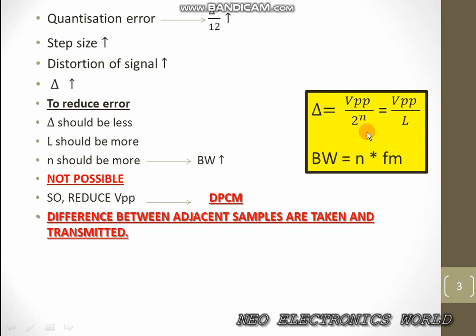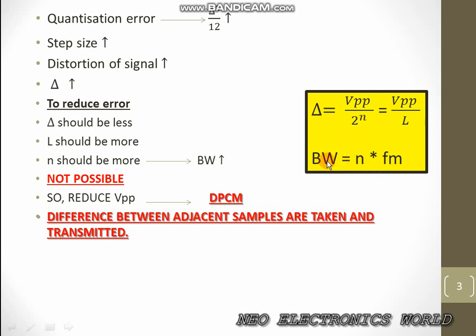So, in order to reduce error, if we prefer taking more bits, what happens? The bandwidth will increase. As the number of bits increases, the bandwidth increases, because bandwidth is equal to the number of bits times the maximum frequency component.